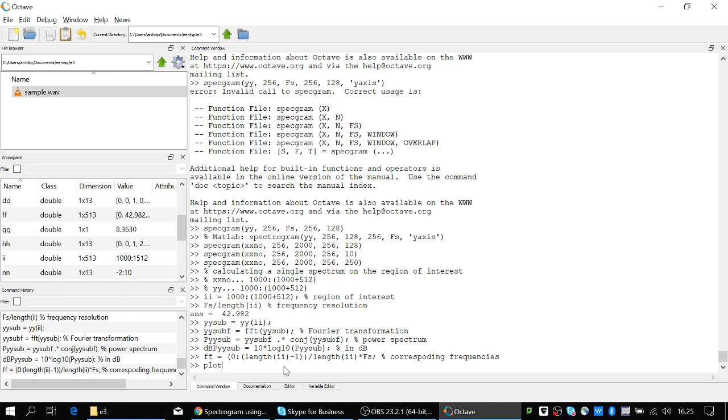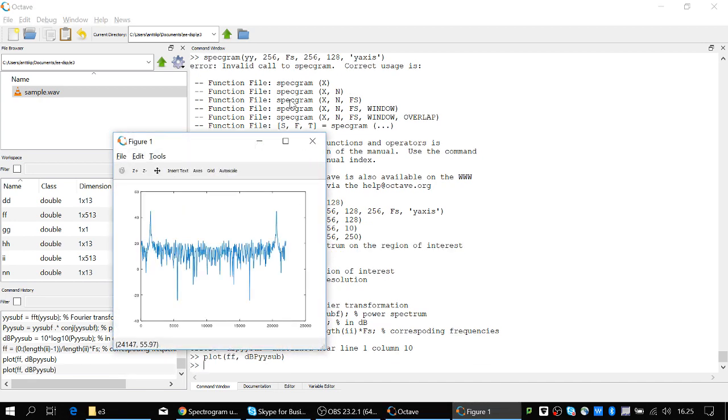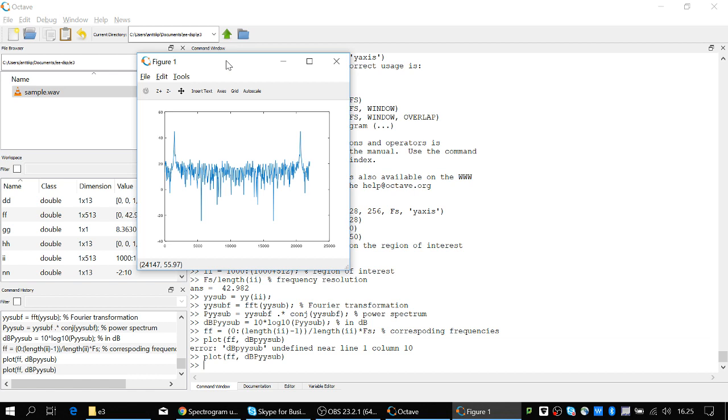And we can plot FF, dB PYY sub. So that's the power spectrum. Oops, oh no, yeah, I got into trouble. Capital P. There we go. That's the full spectrum.